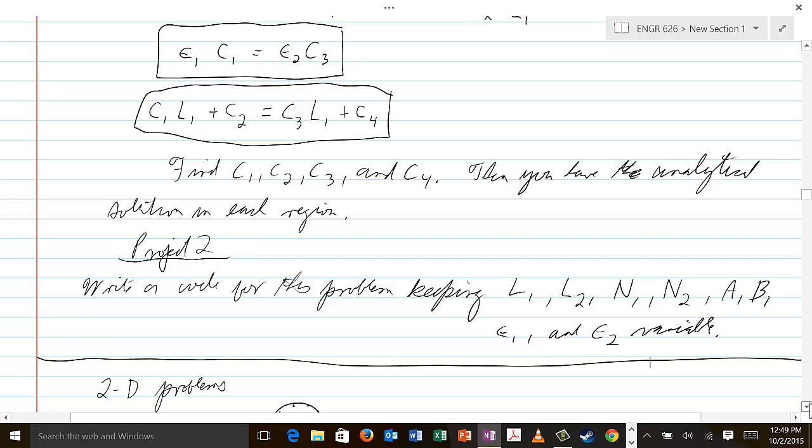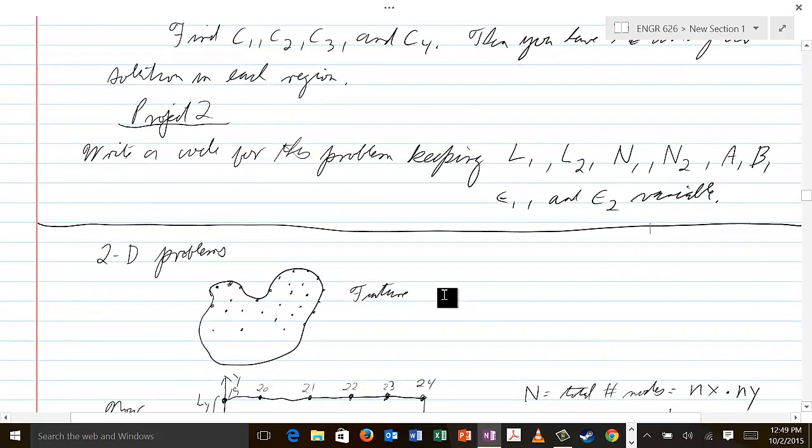So the next project will be to write a code for this problem, and once again you should, as usual, make L1, L2, N1, the number of nodes in region 1, and N2, the number of nodes in region 2, A and B, your boundary conditions, and epsilon 1 and epsilon 2, the values of the permittivity in the two regions.